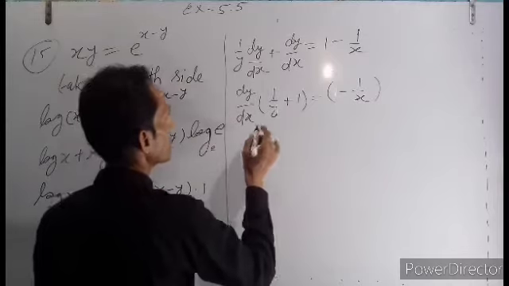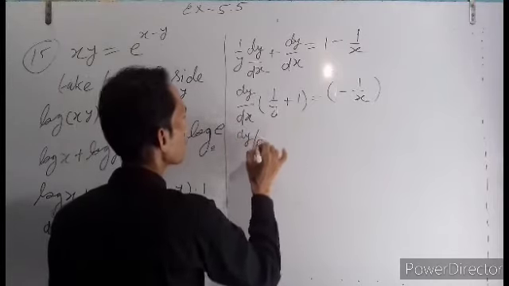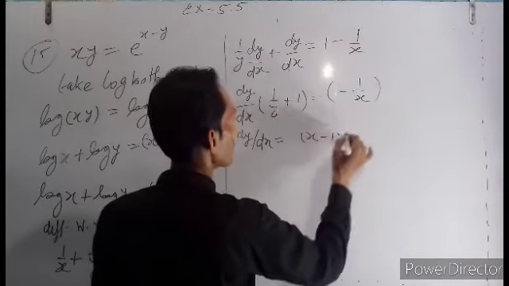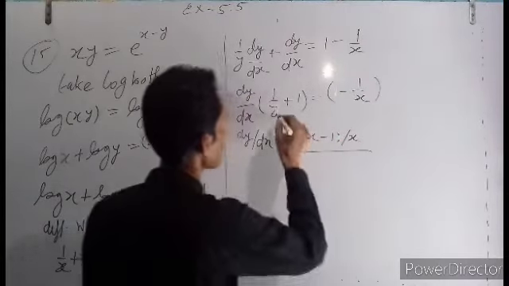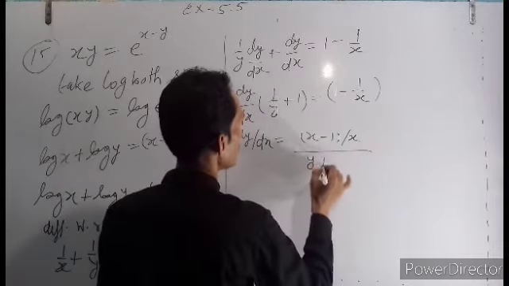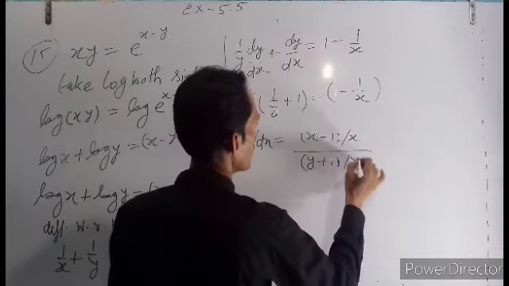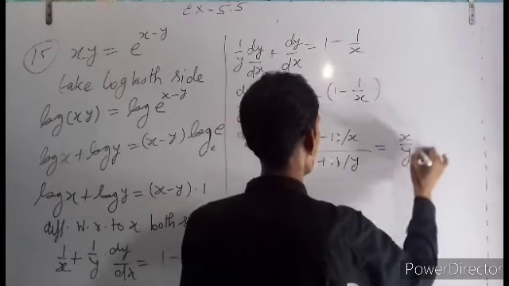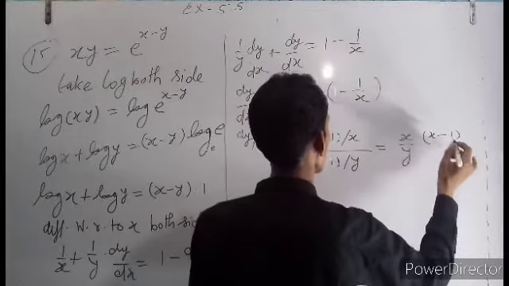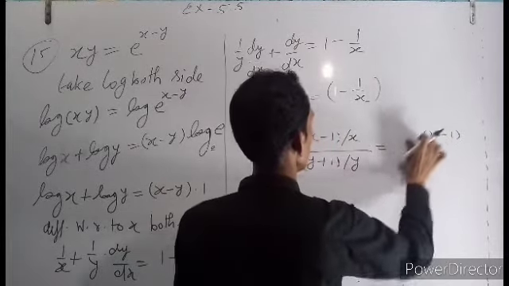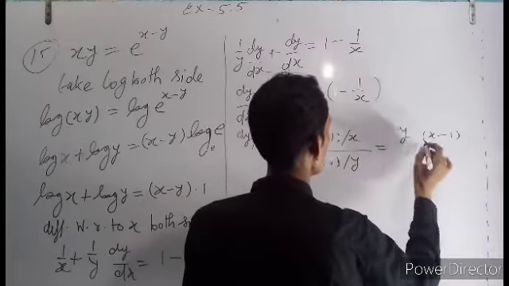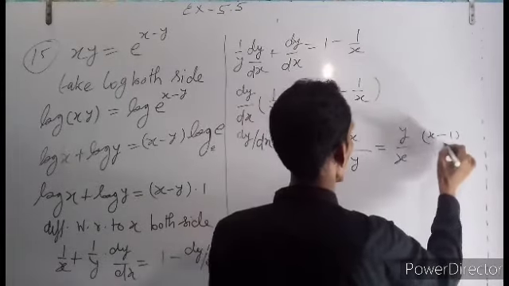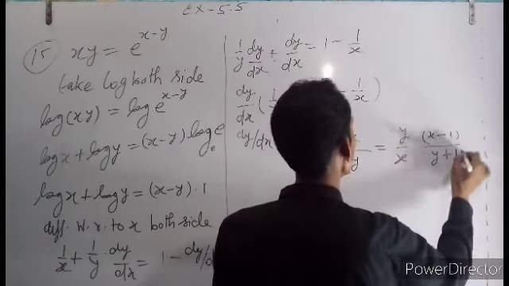So what will come? dy by dx equals x minus 1 upon x divided by 1 plus y upon y, which equals y upon x into x minus 1 upon y plus 1.